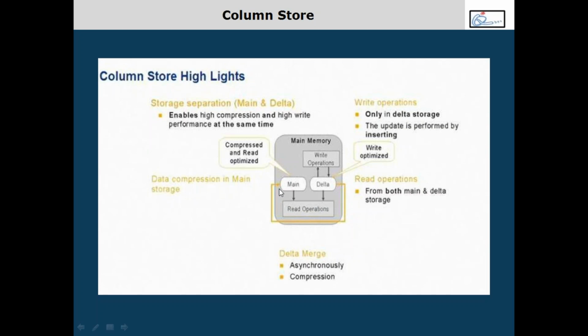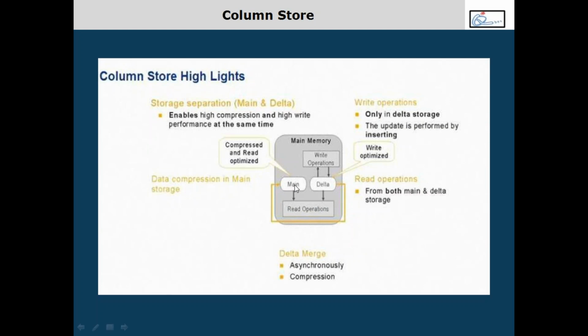Now look at this. When you actually create a column store table in HANA, it actually creates two tables. For now, I'm saying two tables, but it's not really two tables; you can say it will be two storage locations. To make it easy to understand, whenever you create a column store table in HANA, it creates two parts, or two memory locations for the table.